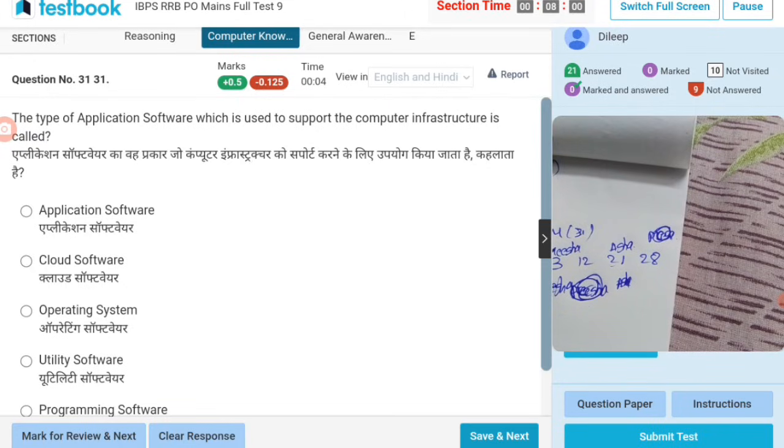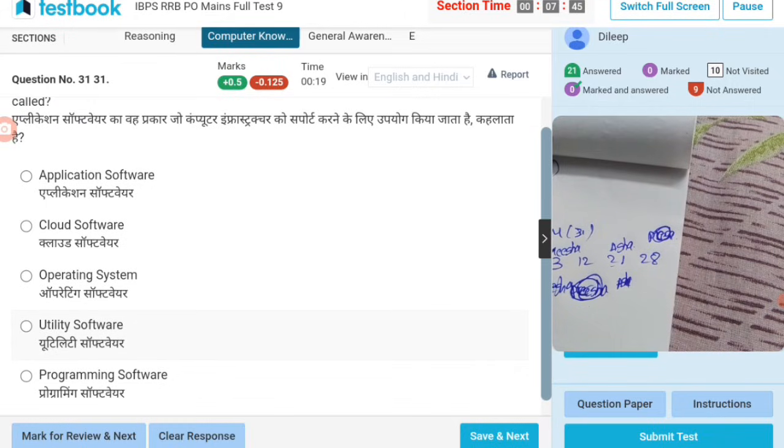The type of application software which is used to support the compute infrastructure is called operating programming, I think, or utility.